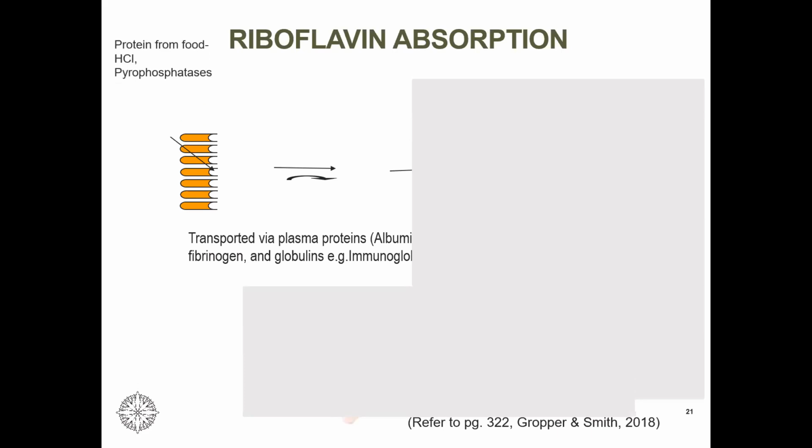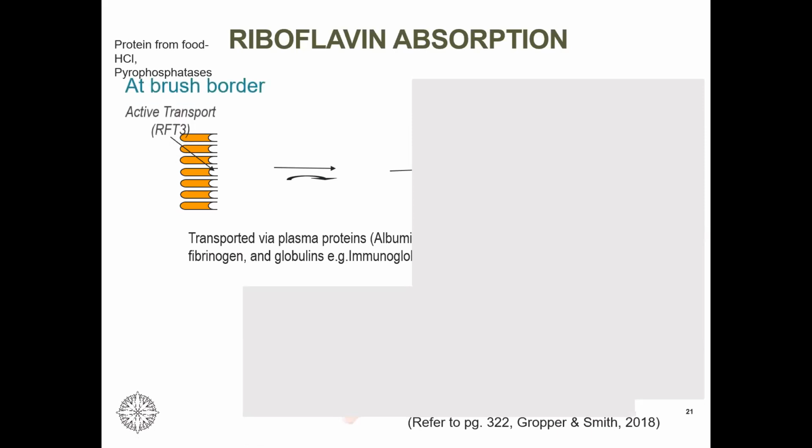Yes. Correct. Very good, Kathleen, and thank you. I know everybody else was also thinking the same thing. So first, it has to be separated from the proteins. And for that, we need hydrochloric acid. Okay. And we need pyrophosphatases again because they will break that phosphate bond.